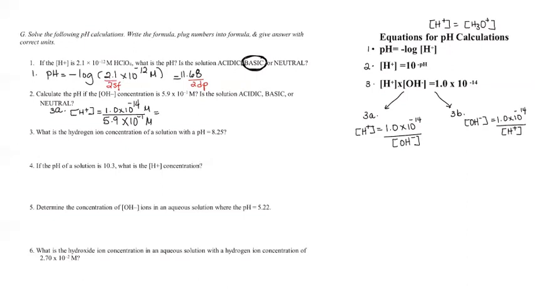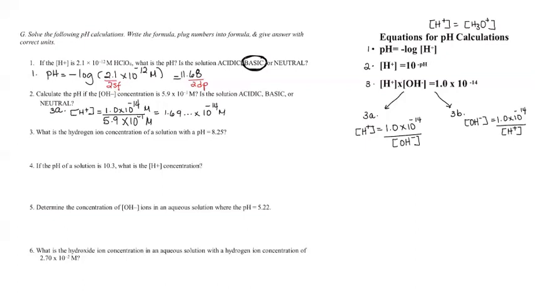We do 1.0 times 10 to the negative 14 divided by 5.9 times 10 to the negative 1. You get a calculator display of 1.69, and I'm going to put 3 dots because we need to use all of the numbers, times 10 to the negative 14 molar.